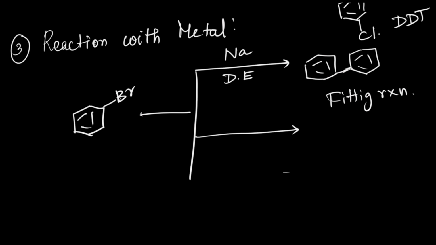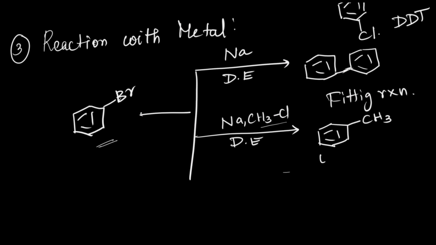Then, if I am treating it with sodium, CH3Cl and dry ether. You can see here I am having haloalkane also and arene also. So which means it will produce a product like this. This reaction is Wurtz-Fittig reaction. The combination of two.